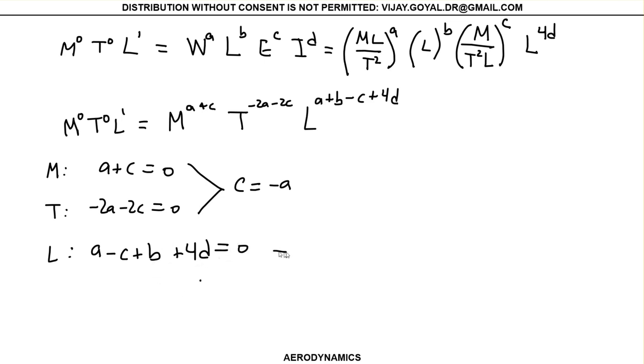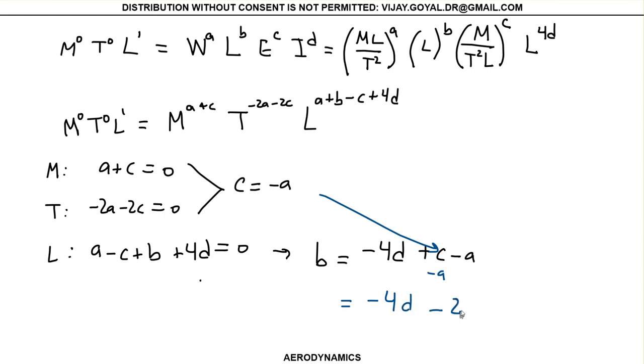I chose to solve this for B. B is equal to minus 4D plus C, and this minus A. We know from here, this is minus A. So this thing becomes minus 4D minus 2A.